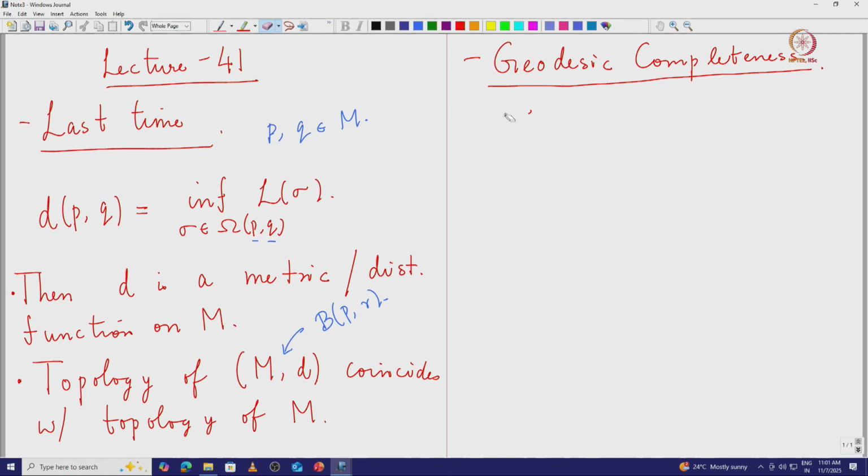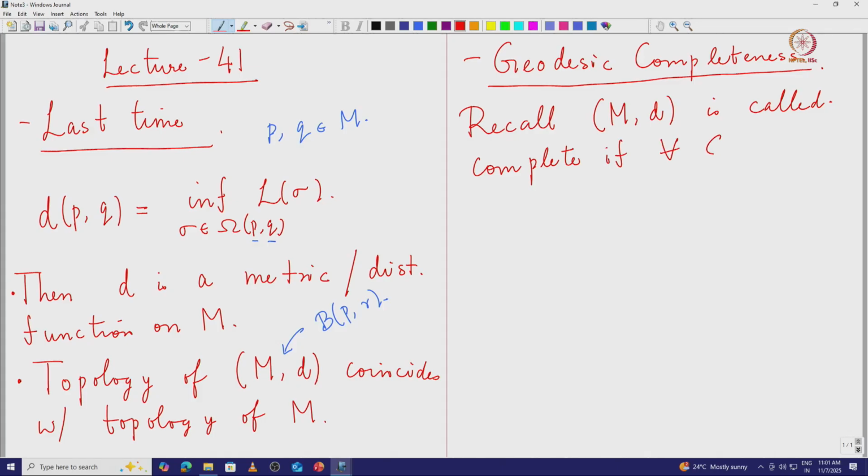Let me first remind you of what metric completeness is. Recall this M comma d is called complete if all Cauchy sequences are convergent.